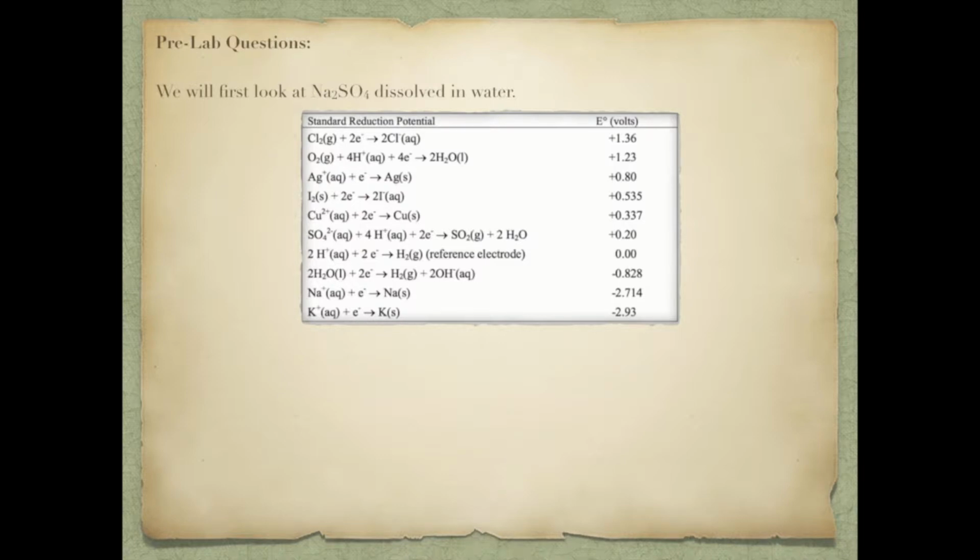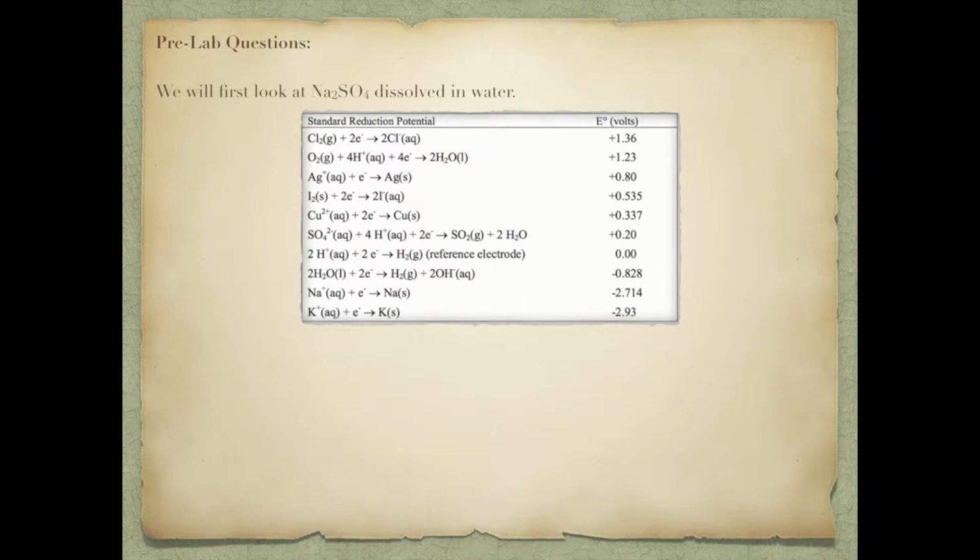Well, I want water to be a reactant, and I need the electrons to be on the other side. That's why I'm flipping it. So if you look, the second reaction there, water becoming oxygen and hydrogen ions and releasing electrons, that would be a perfect oxidation reaction, right? Because water is still a reactant. It has to be a reactant.